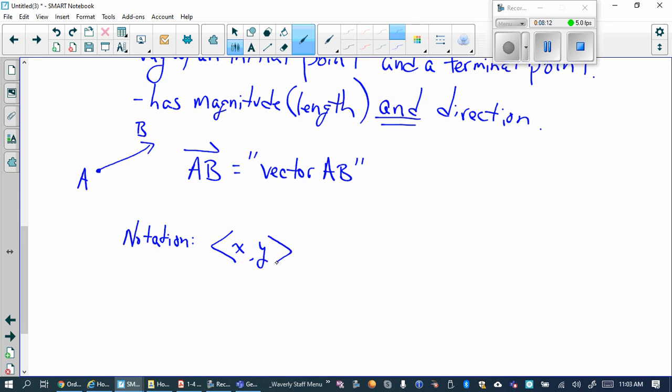Like that. So if this is our vector starting anywhere, it starts here at the initial point. It has some x direction, and then also some what? Y direction.